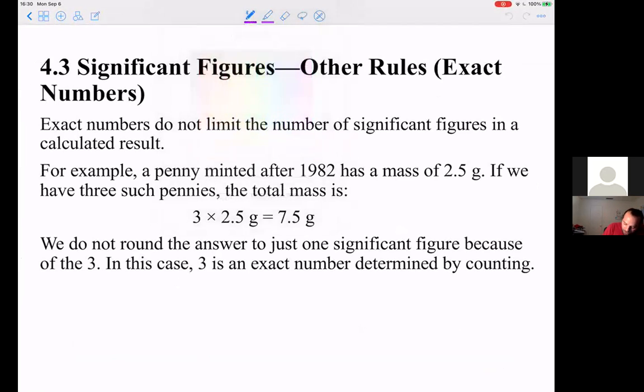Well, with my 2.5, I have 2 sig figs. Normally, I would look at this number 3 and say I only have 1 sig fig, but because it's a count, 3 pennies, you consider it as being exact, and so it doesn't influence how you assign sig figs to your final answer. Just like this number has 2 sig figs, your final answer should have 2 sig figs. We don't consider the 3 at all because it's exact.